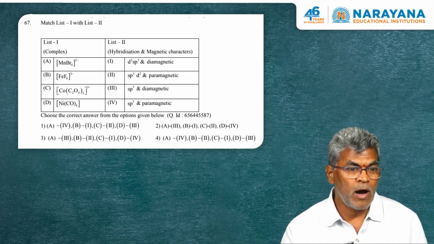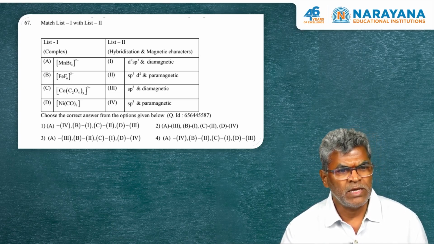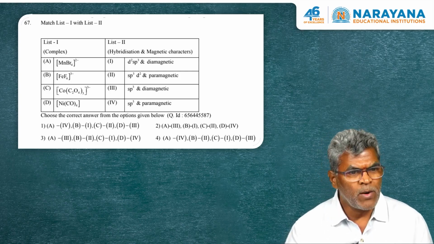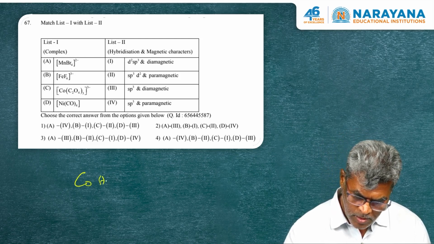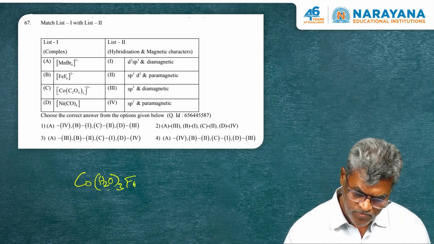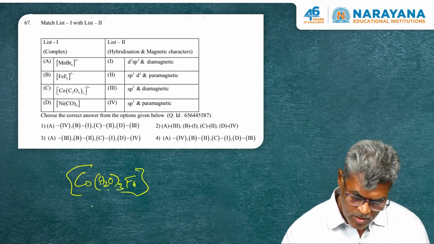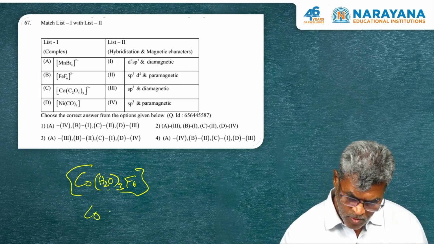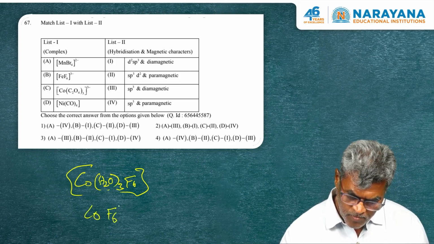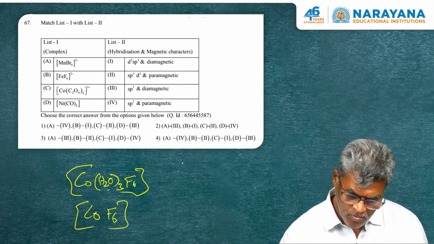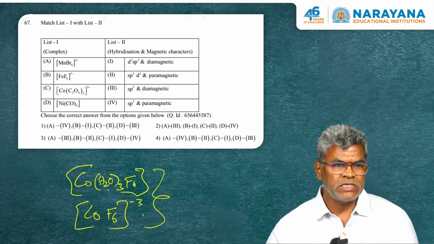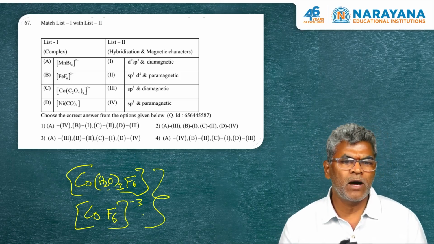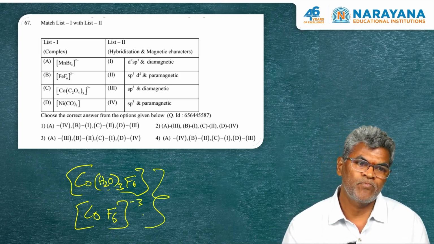And cobalt oxalate, cobalt plus 3. Except in two complexes, that is Co(H2O)3F3 and CoF6 minus 3, generally all cobalt plus 3 complexes are inner shell complexes.